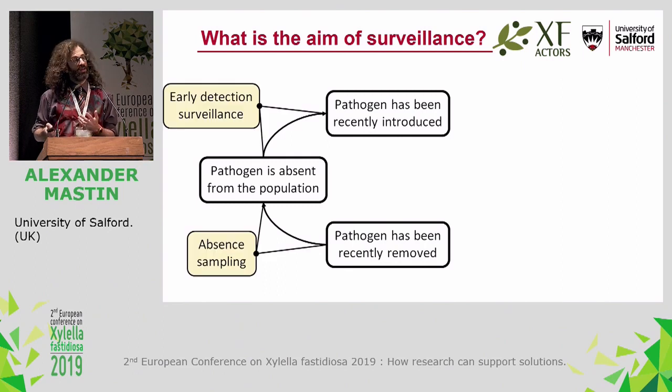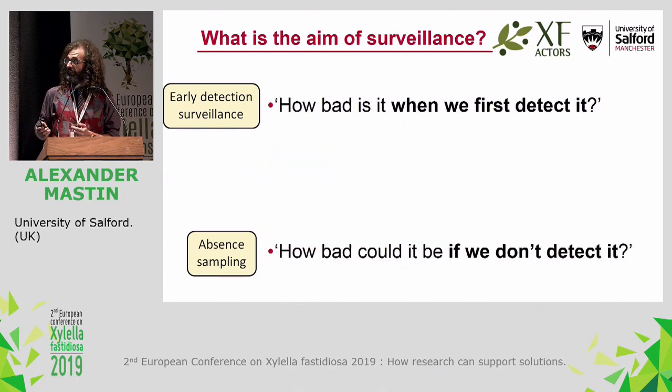And we can broadly divide our surveillance approaches into these two general questions of early detection surveillance or absence sampling. And these basically differ in terms of these two questions. For early detection surveillance, we're interested in how bad the situation is when we first detect it. For absence sampling, we're looking at how bad could it be given that we've not detected it.